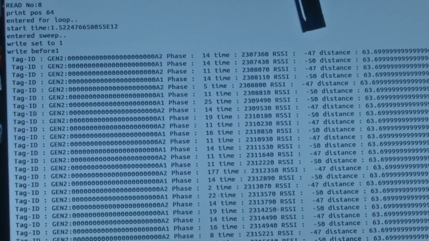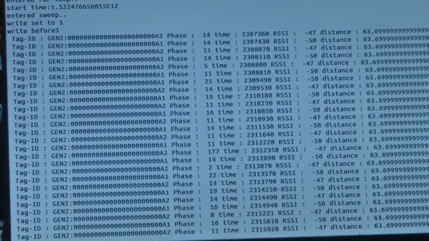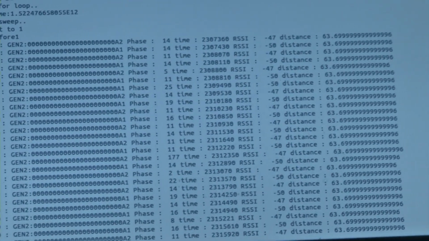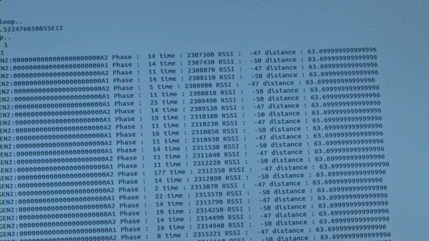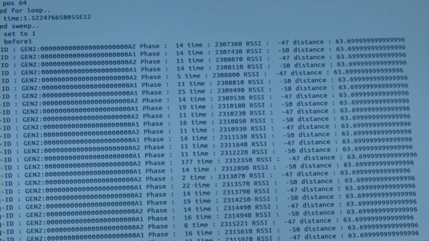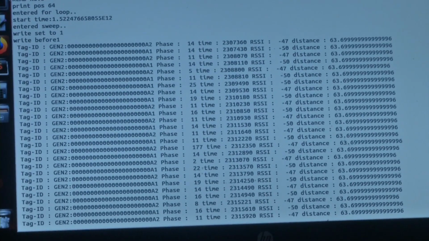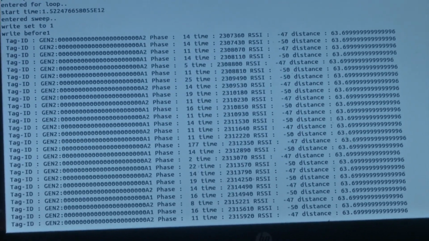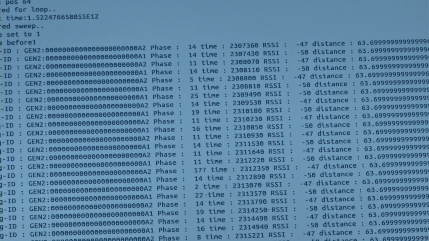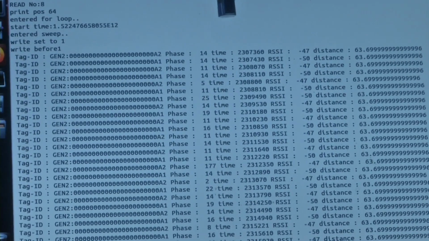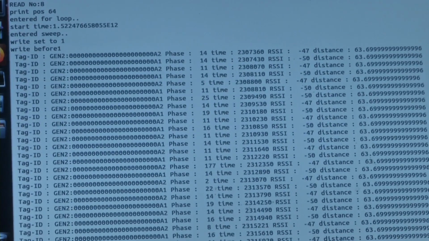It also throws the RSSI, which we said is not so useful for any localization purpose, and this distance is essentially the antenna location from where the reading was made. So, this is what you would get from a tag, and you have to construct the hyperbola equations using this phase information.